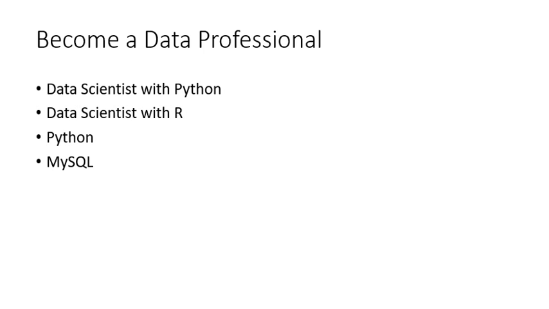To manage data, we need data professionals, especially data scientists with the Python programming language, having knowledge of Python and some algorithms like scikit-learn, Gaussian algorithm, SVM algorithm, those kinds of things. Having good knowledge of algorithms. Same with a data scientist with R programming language, Python and MySQL to handle the database.